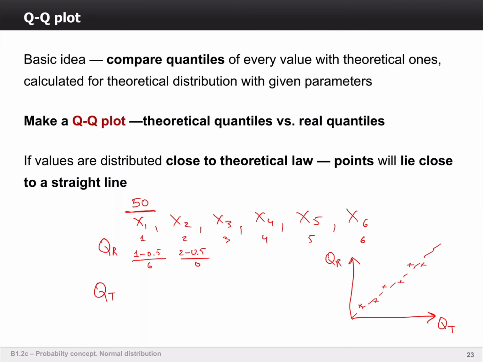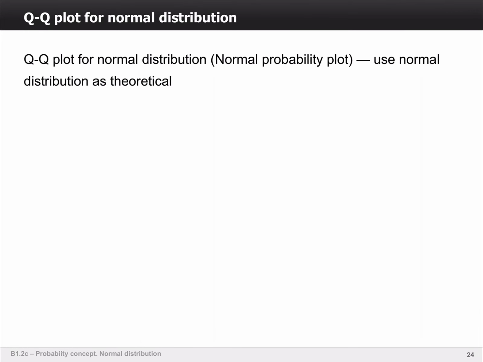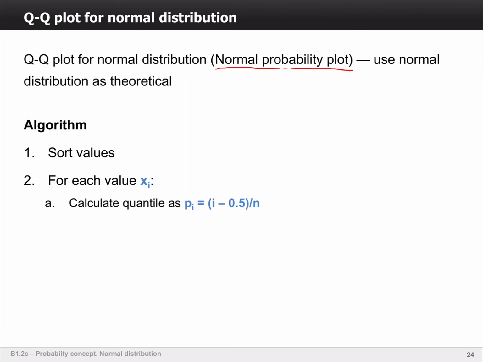So that's the idea. Now let me show you how it works for normal distribution. A QQ plot for normal distribution is sometimes also called a normal probability plot. The idea is the same, but with some slight modifications. So that's the algorithm. First of all, we need to sort the values, because sorted values already give us the experimental quantiles. Then for each value in the sorted sequence, we calculate the quantile it has, using the formula that we learned before.